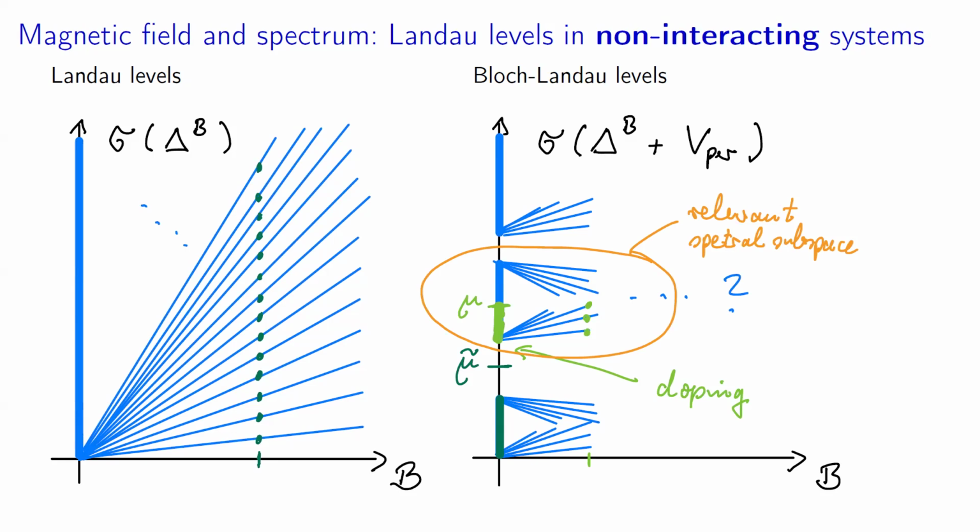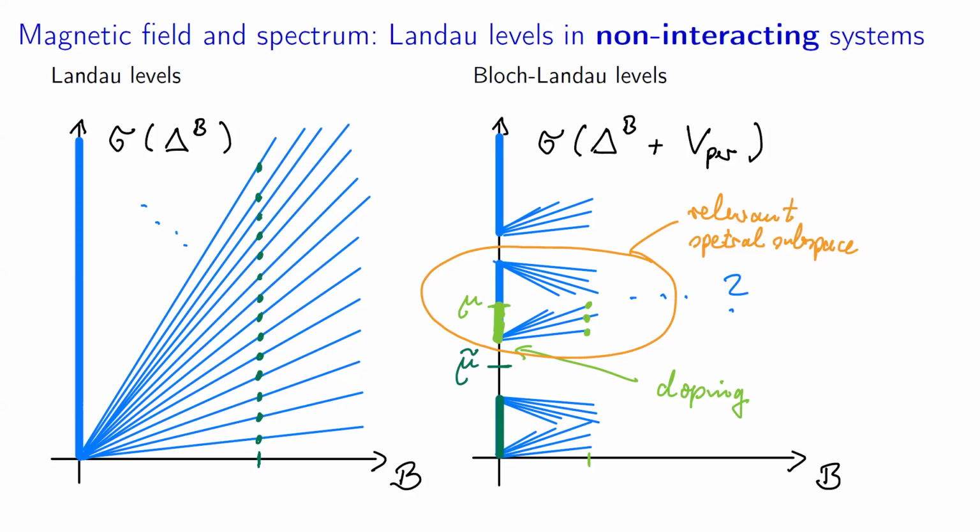Okay, so if this effective chemical potential with the doping lies in the gap of this Landau type Hamiltonian. And actually the relevant subspace, the relevant physics happens within such a Bloch band with partial filling and the corresponding Landau level. So that's a picture to have in mind.